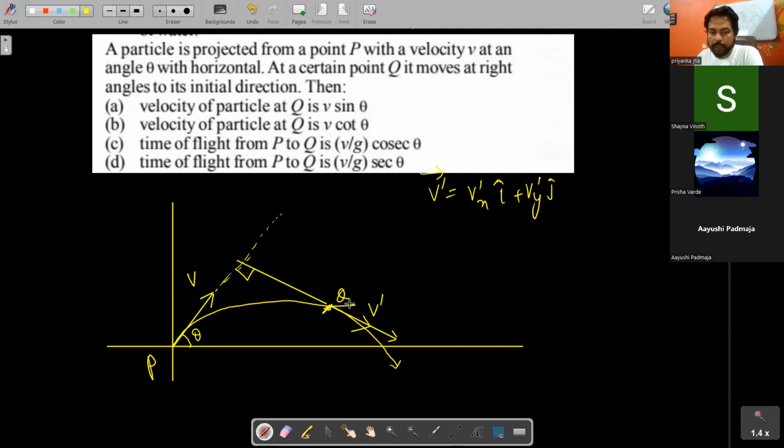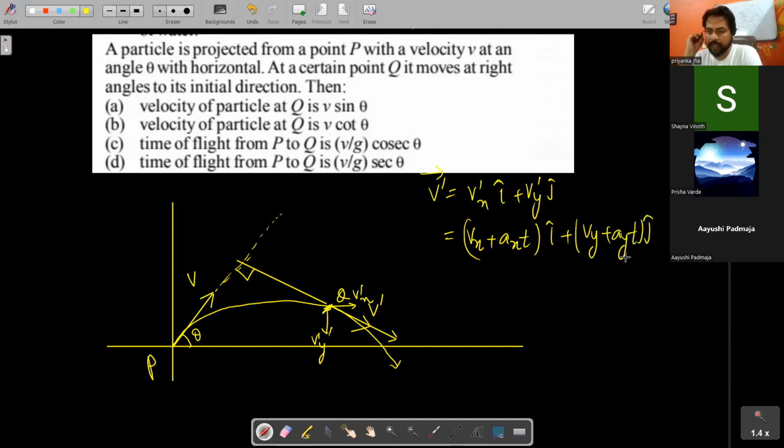At this point also, this will have some x component and some y component. Now you can find the x component like this. Vx dash would be initial velocity along x-axis plus acceleration along x-axis into time. And Vy dash would be initial velocity along y-axis plus acceleration along y-axis into t.